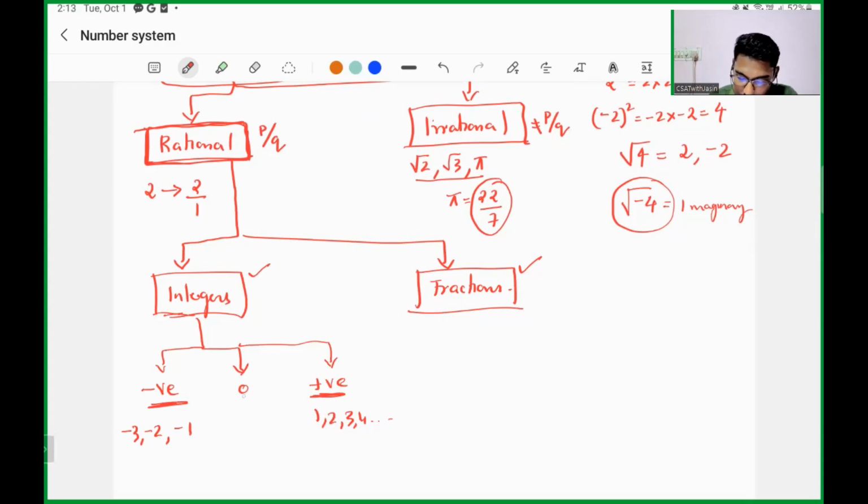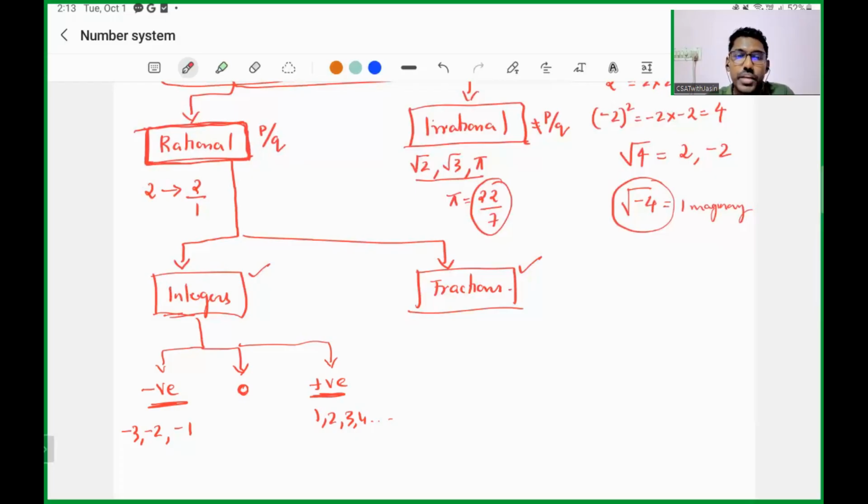So all these will come under integers. And 0 is not a negative number, not a positive number. You have to remember that. Do you know whether 0 is odd or even? What do you think? Is 0 an odd number or an even number, or neither?